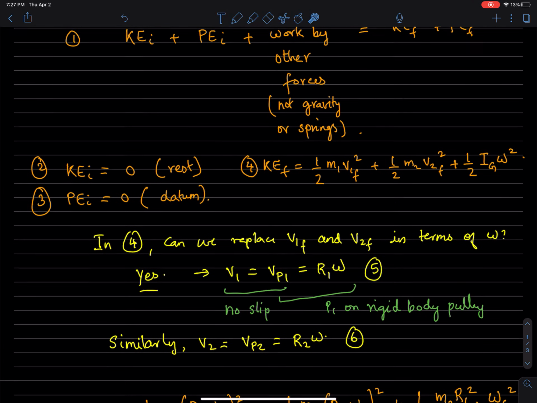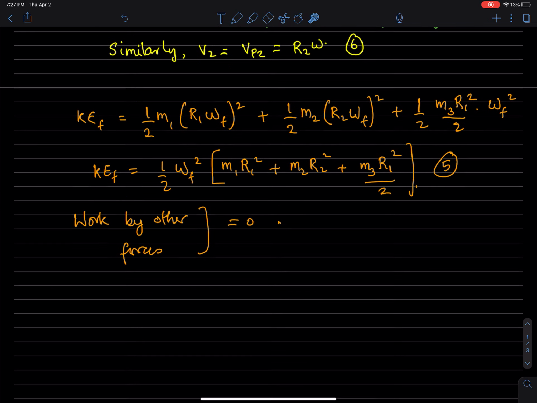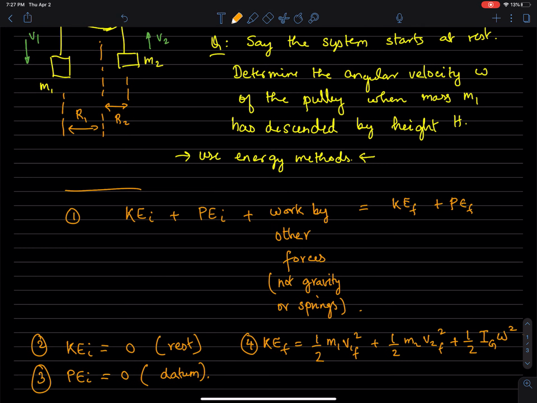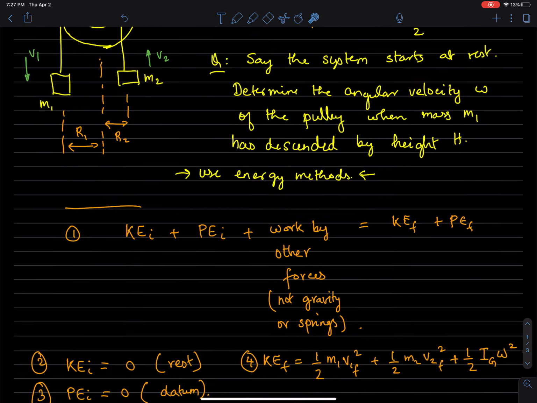What else do we have? We only have potential energy final to be computed. So let's look at that. It's again a slightly subtle thing. Potential energy final equals m1 g y1 final. We picked the initial position of mass m1 as its own datum, and it's going down by h.